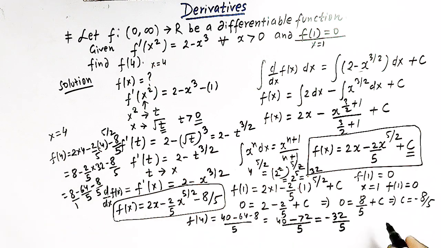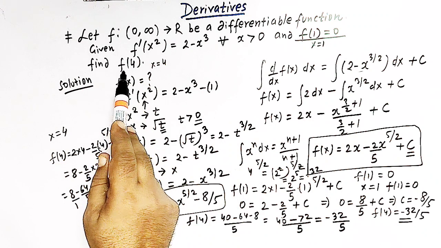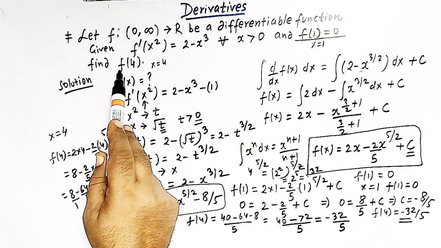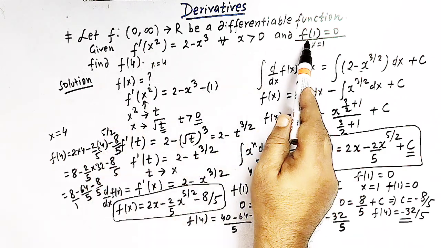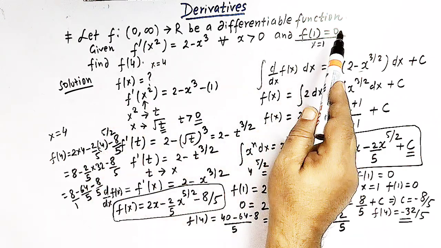So the value of f of 4 is equal to minus 32 over 5, right? So viewers, this is how by making use of these concepts we can easily find the value of f of 4 using f of 1 is equal to 0.